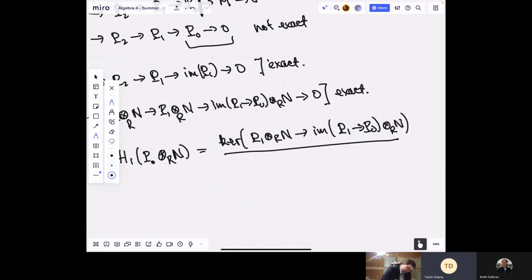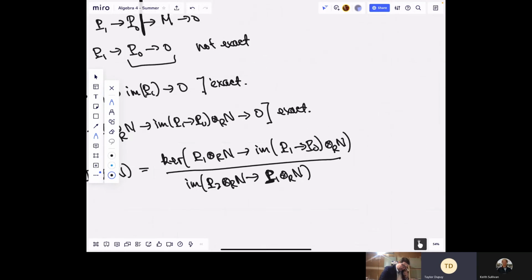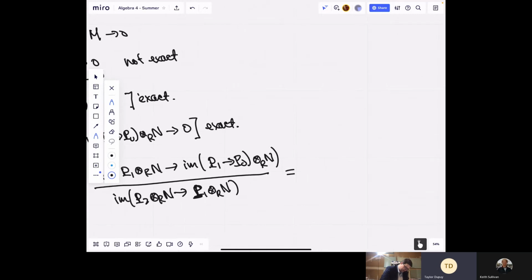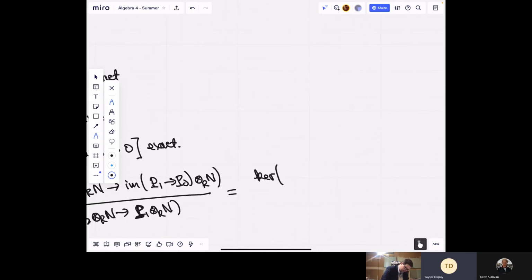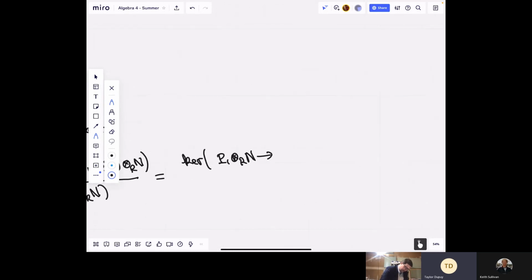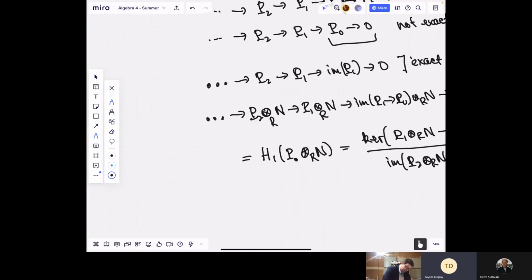Then this goes into P1 tensor_R n, and the kernel here is actually the kernel of the previous one. We know that this is 0 because of exactness.